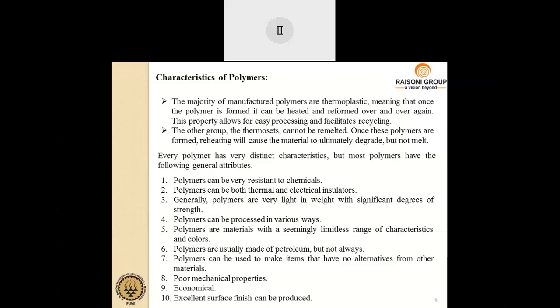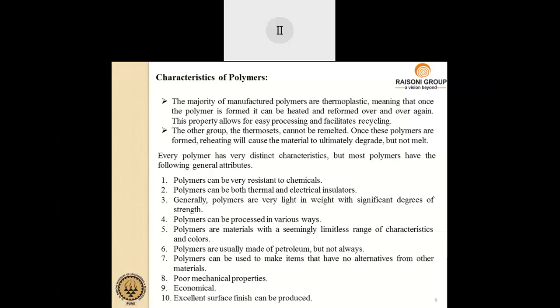And there is another type of polymers which are called thermosets. These thermoset polymers can't be remelted. They are different from thermoplastic. Once thermoset polymers are formed, reheating will cause the material to ultimately degrade but not melt.